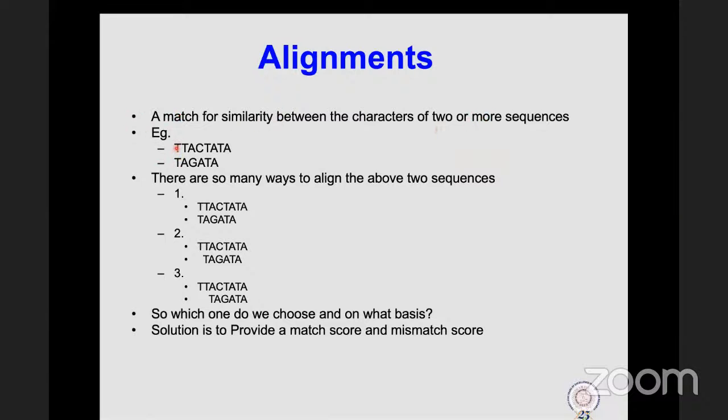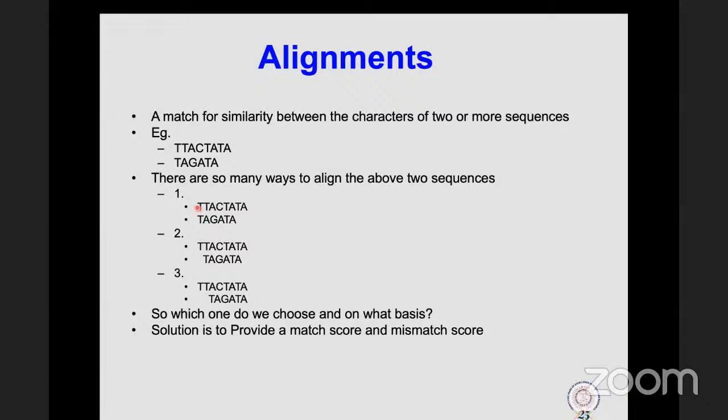Here you can see sequence 1 and sequence 2. When I align, TT is common, TA is not common, AGCATT is uncommon. There are many ways to align these two sequences.